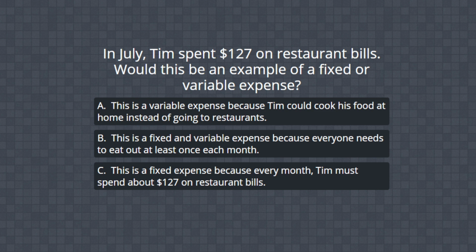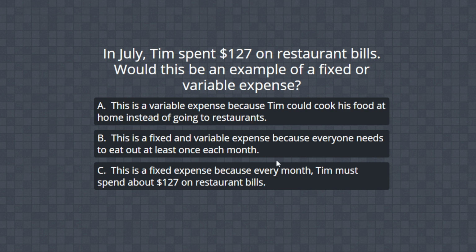So you don't want to spend too much money on restaurant bills. And by the way, you can always cook at home. It depends on how Tim spent his money. He can go to a restaurant, but he doesn't have to. He doesn't have to go to the restaurant to eat every day. So I think A is the best answer.